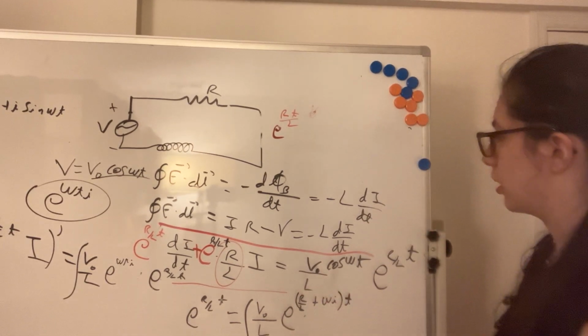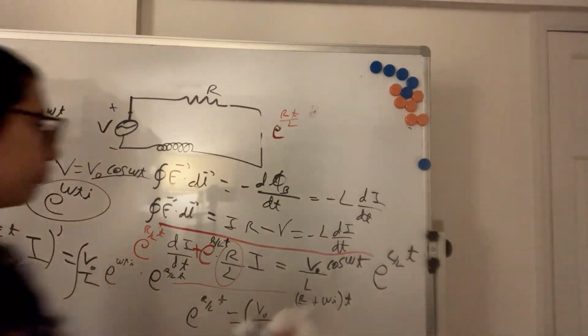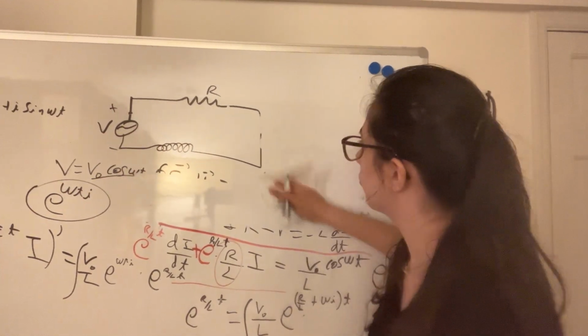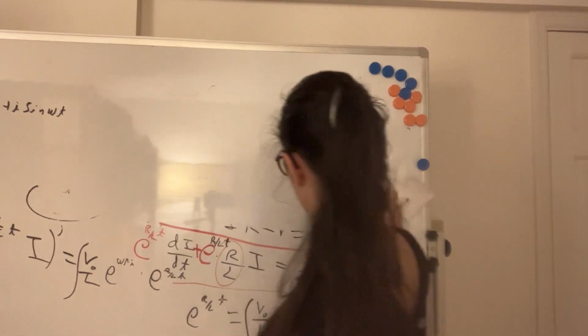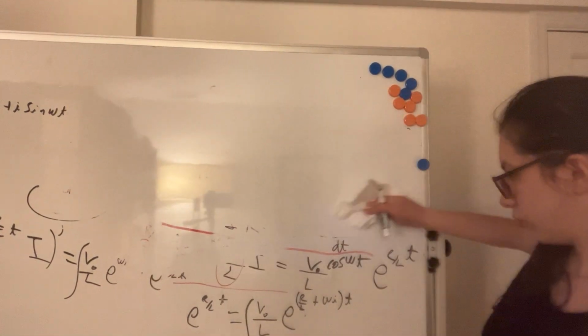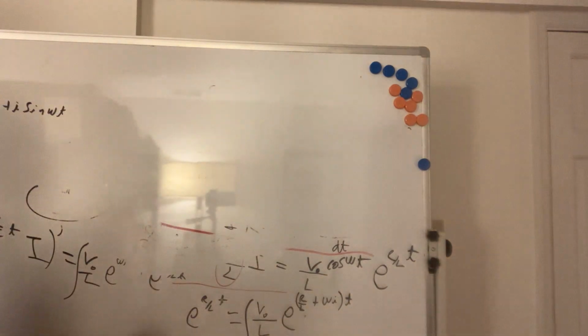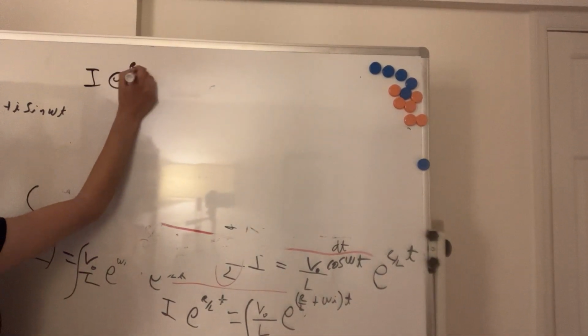So now I can take the integral. Here I forgot to put my I, so I have I e to the R over L t.